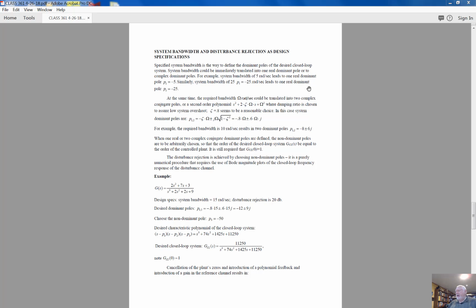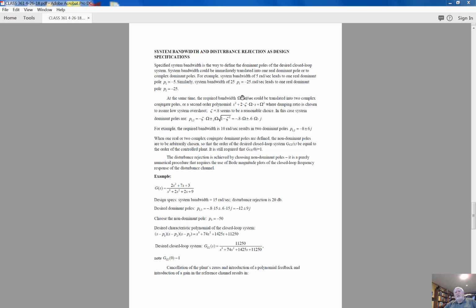requested of us. However, it is possible to use the bandwidth requirement to choose two complex conjugate dominant poles. I can imagine there are situations when you would prefer to have not one real, but two complex conjugate dominant poles. So you know what I will tell you?